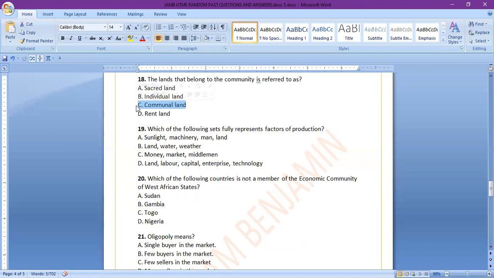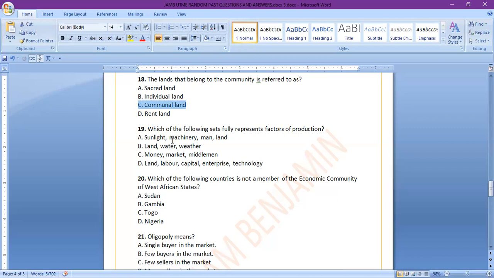That's why we have a communal economic system at some point. During the early development of mankind, there used to be a communal state where individuals did not own land or resources on their own, but whatsoever was gotten was jointly owned by members of the community. So the answer is C.